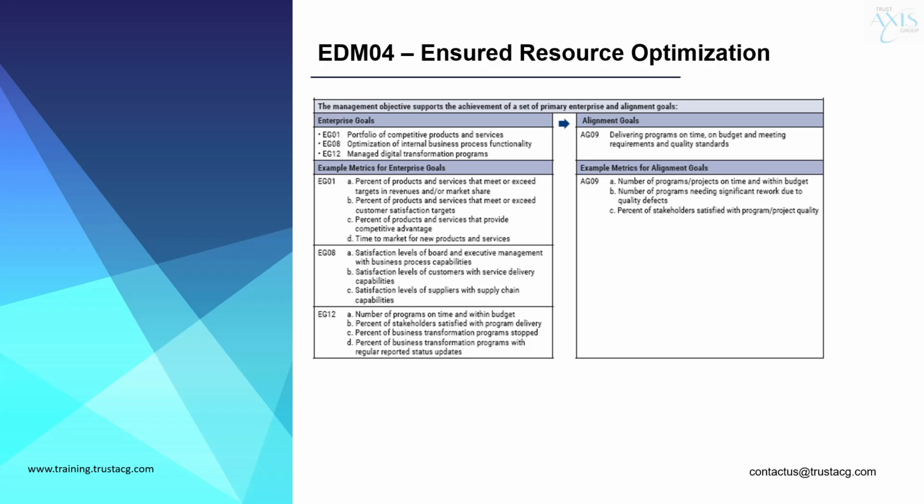Previously, as we had discussed, all these governance objectives are curated by mapping your enterprise goals against your IT alignment goals. Depending upon the type of the enterprise that you are working with and the geography that you are operating in, the enterprise goals are curated by the enterprise.